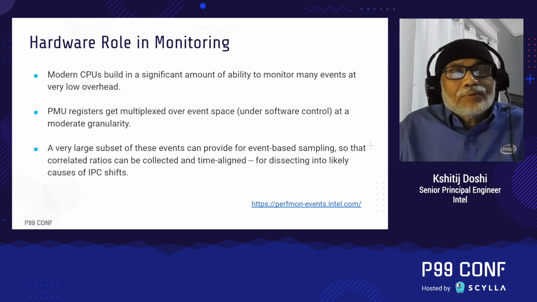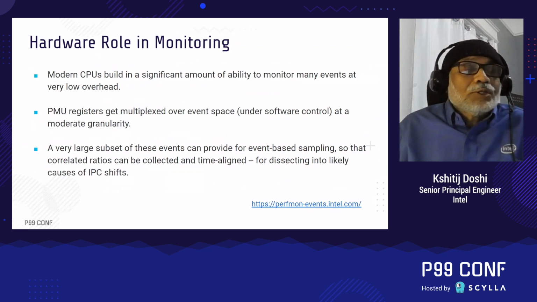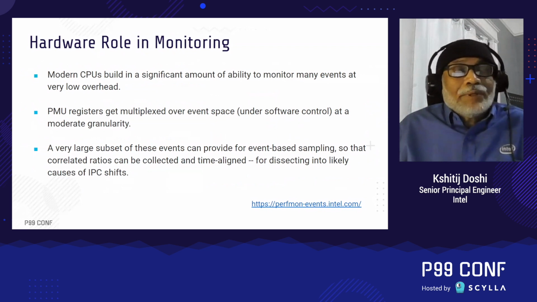Now, let's look at some of the capabilities that the hardware providers are bringing to the party. Modern CPUs have an amazing ability to capture many different kinds of events, and do so at very low overhead through the ability of a separate hardware circuit called the performance monitoring unit.